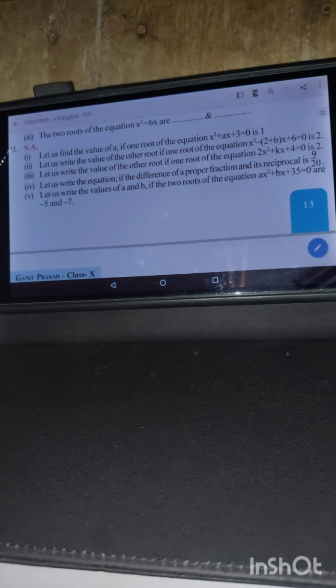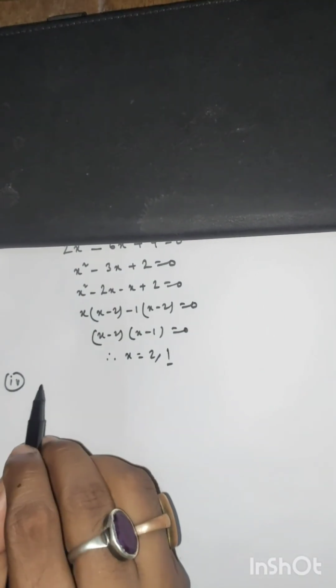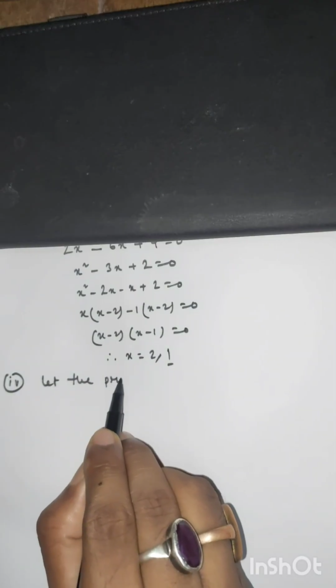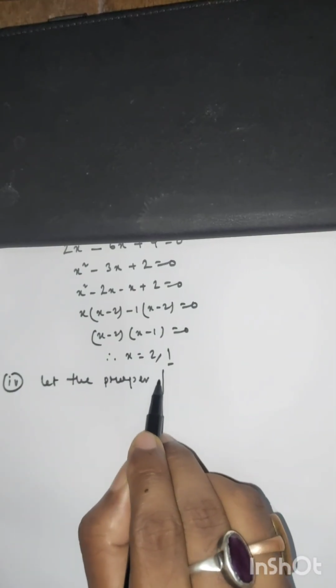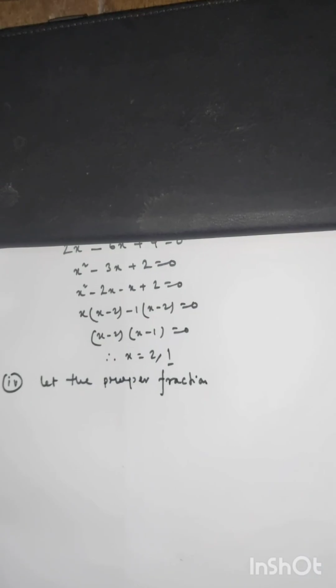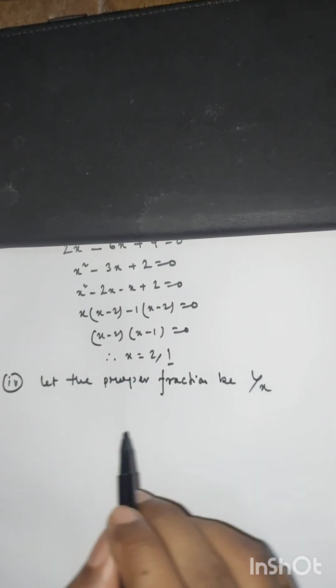It says, let us write the equation if the difference of a proper fraction and its reciprocal is 9 by 20. Let the proper fraction be 1 by x.